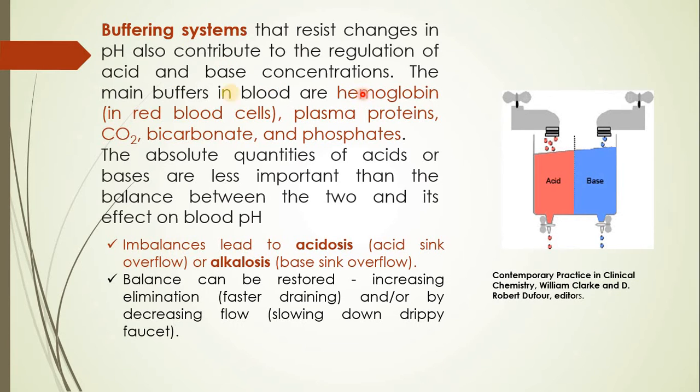In case of blood, we have hemoglobin present in RBC, which tries to maintain the acidity or alkalinity of the plasma. Other than that, there are a large number of plasma proteins which also help in maintaining our acidic level or the basic level in the blood.